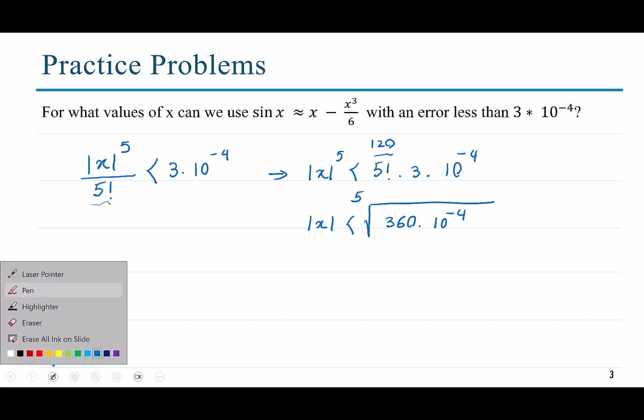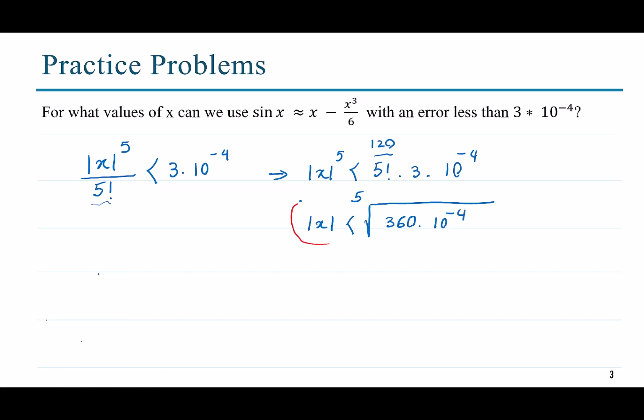This is the range of x for which, if I use this approximation for sine of x, I will have an error less than this value for this approximation for sine of x.